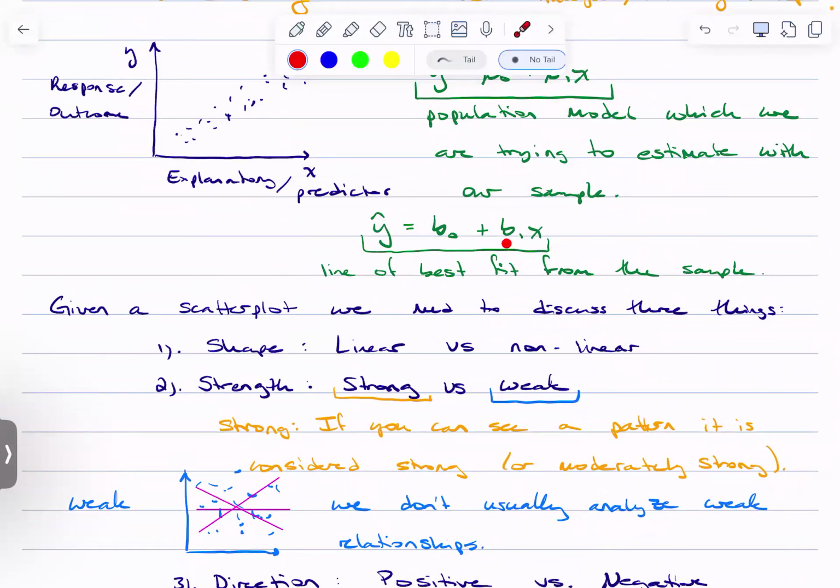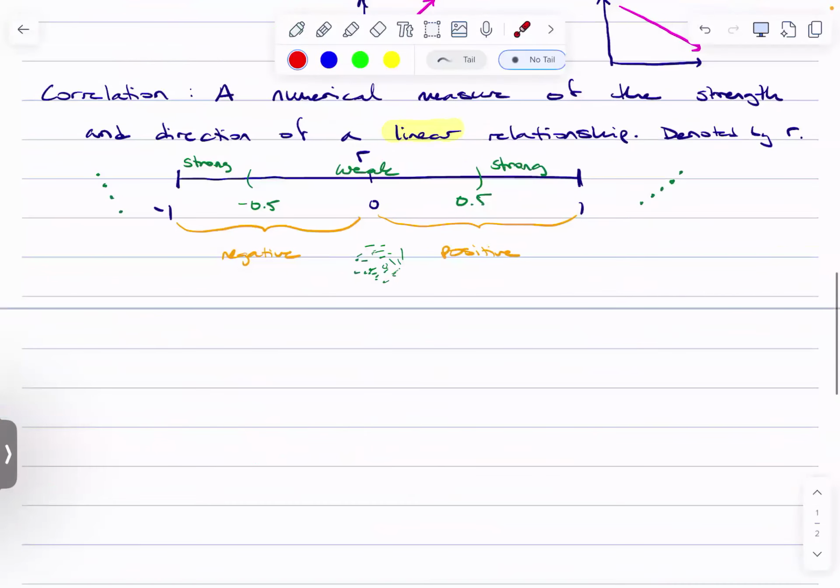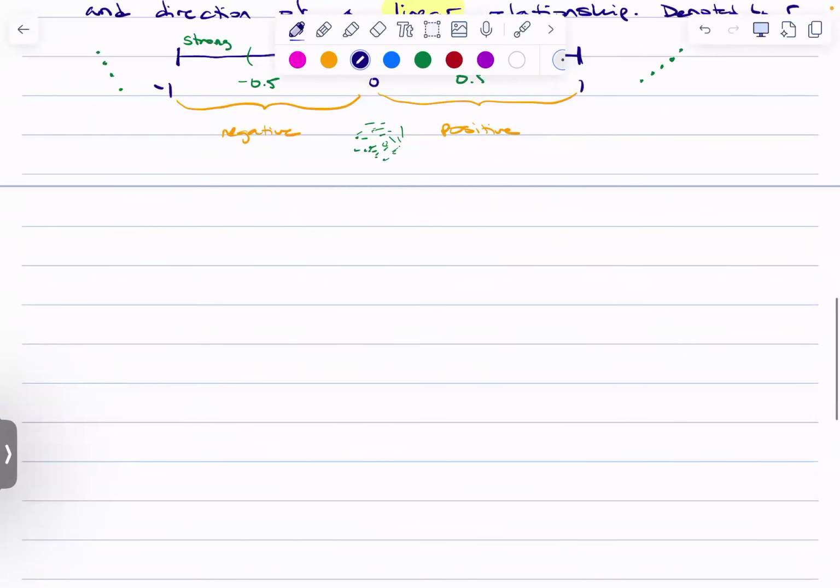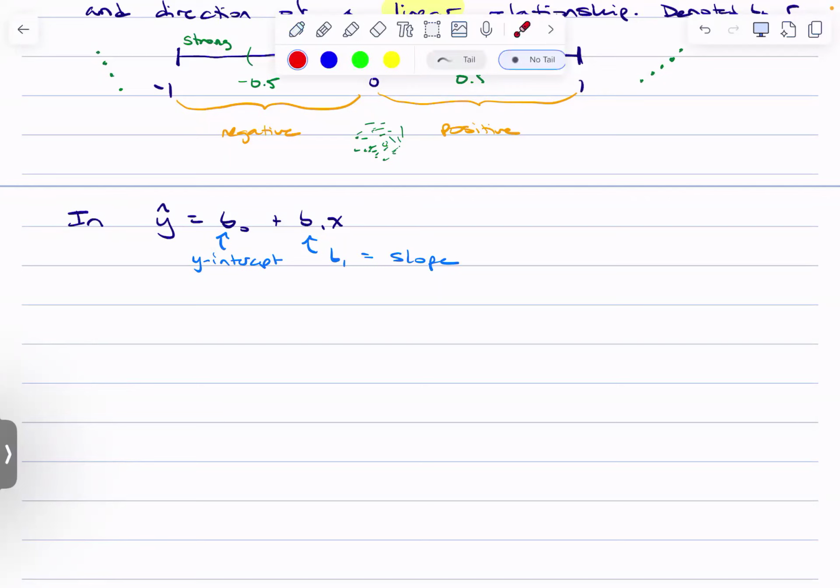The simplest way to calculate the slope by hand, in y hat equals b naught plus b1 x, b1 is the slope and b naught is the y-intercept. Usually I just call it the intercept, because we don't usually care about the x-intercept. And so the slope incorporates the correlation.